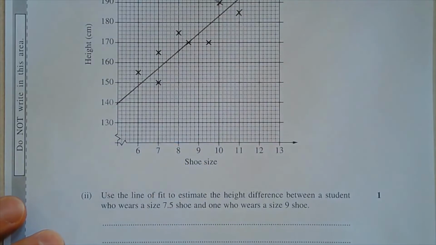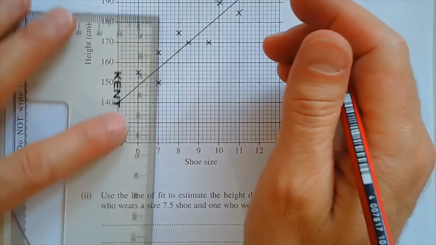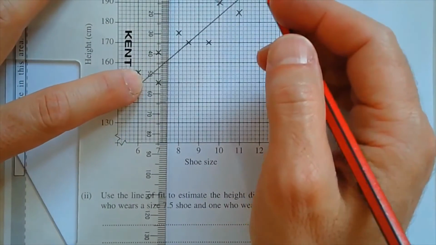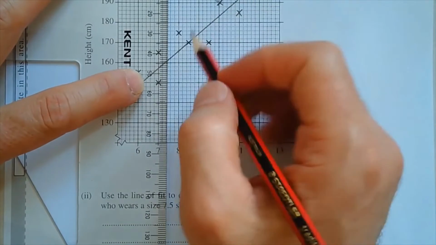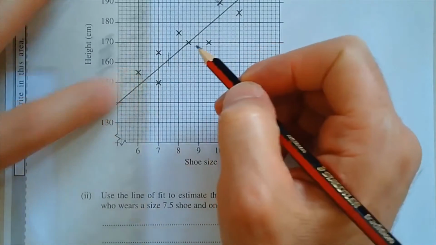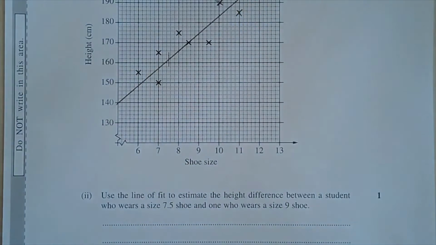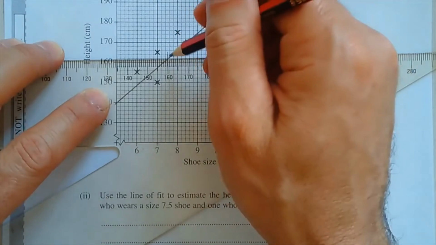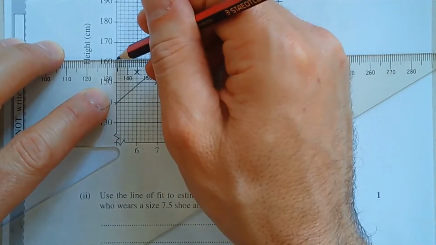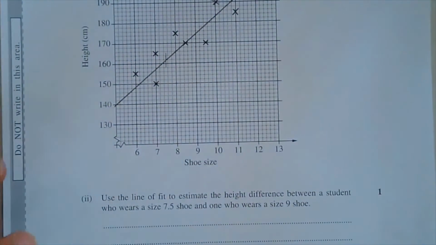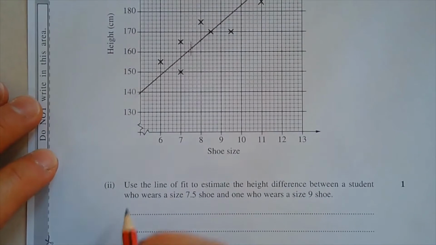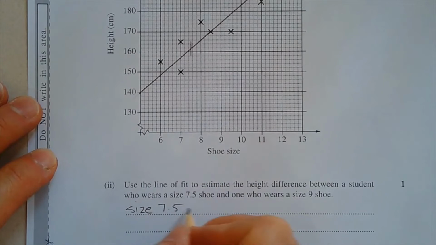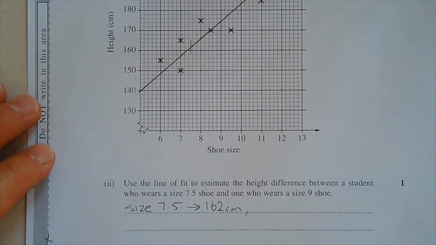This is where we can project vertically from the x-axis, so that's about there, and across we have 162. That corresponds to 162 centimeters.